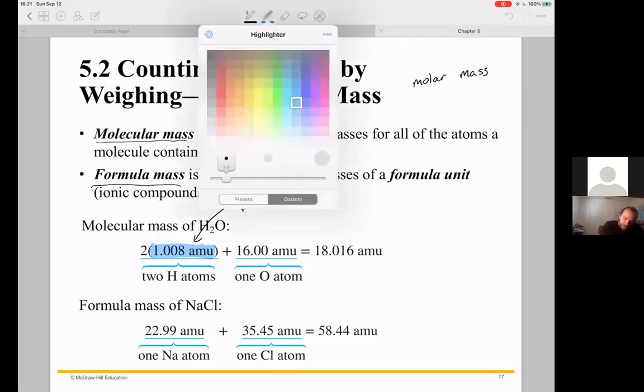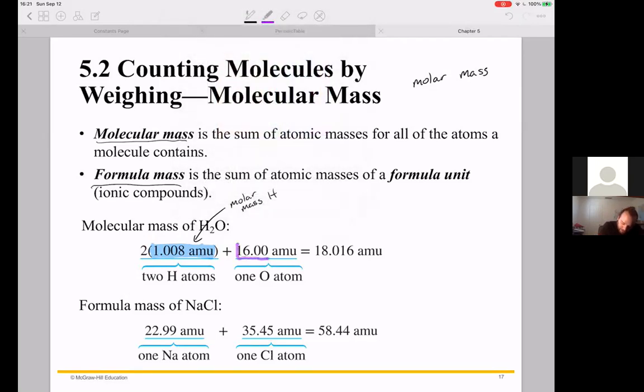And then you're going to grab the molar mass of oxygen. Again, they didn't pull all those digits, but you're going to make sure to do that when you're doing it at home. So notice that we're getting the molar mass of H2O from the molar mass of oxygen and hydrogen. We're going to combine them together.